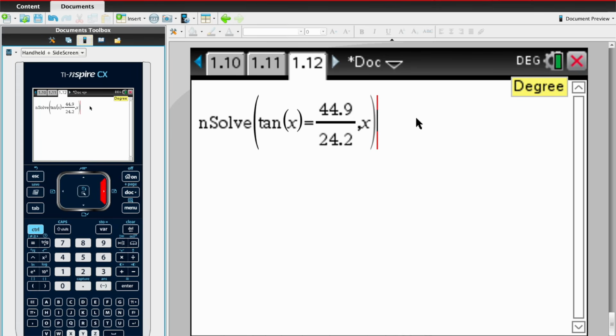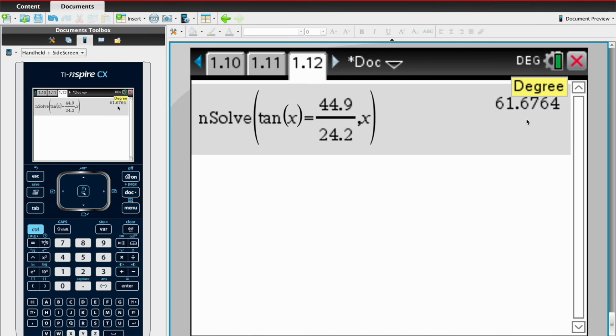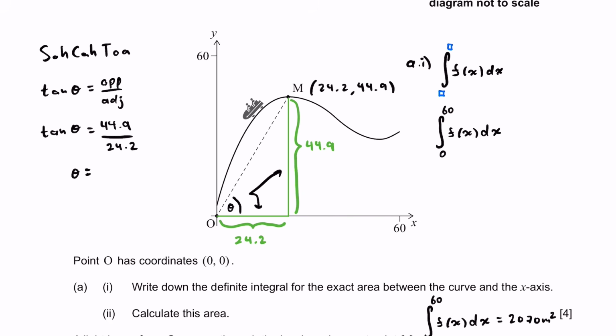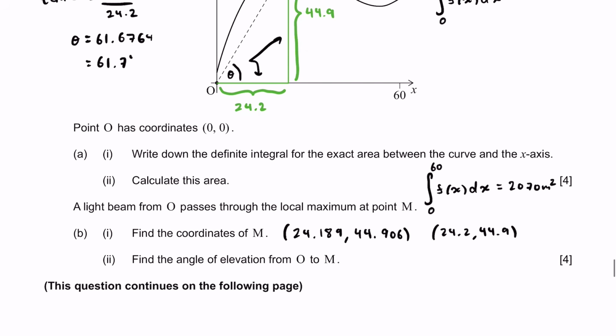In degrees, 61.6764. Okay. Going back to the document, theta is equal to 61.6764 or 3 sig figs, 61.7 degrees. Okay. All right. So we can go on.